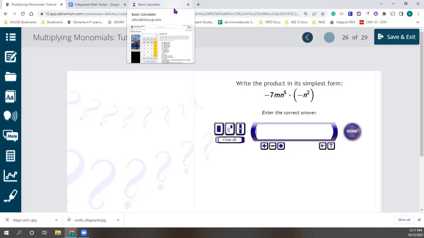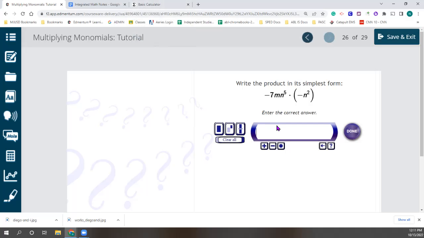So we should have 7m n to the 7th power.